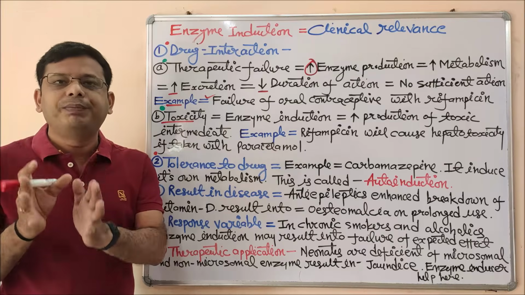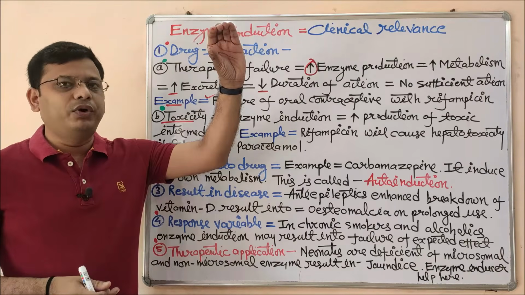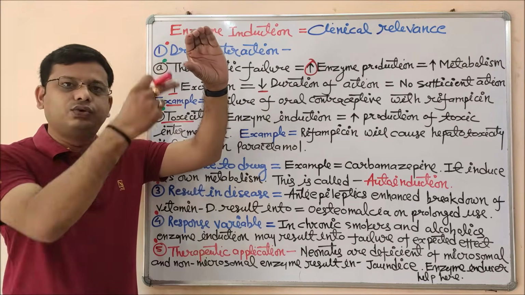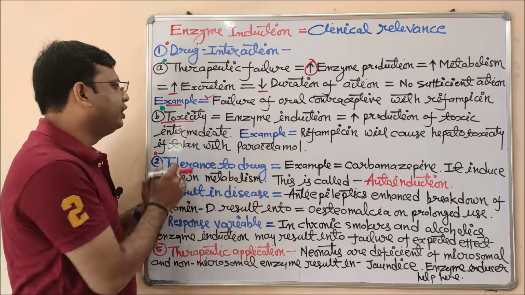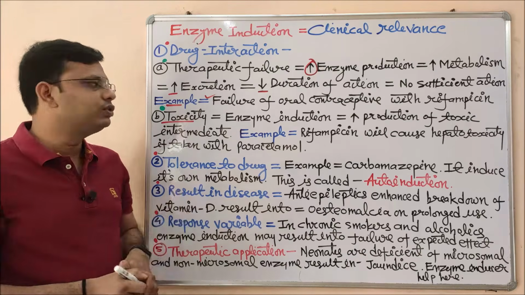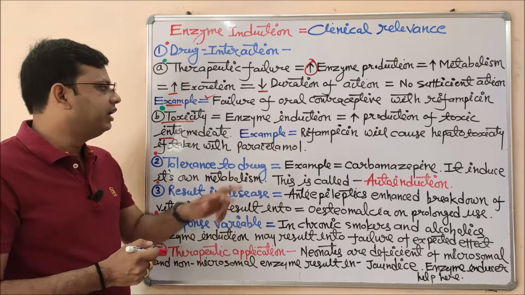Intermediate means a product in between. That means there is a starting product, there is an ending product, and whatever product is formed between these two, starting and ending, is called the intermediate product. This metabolism, which has been increased or enhanced by an enzyme inducer, can cause production of intermediate toxic material.